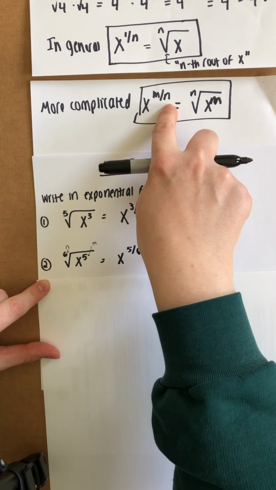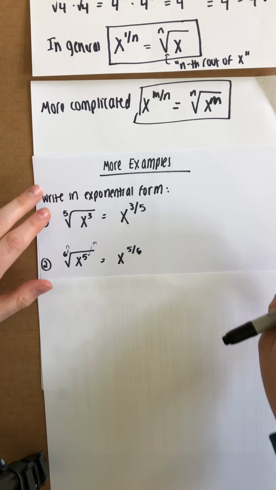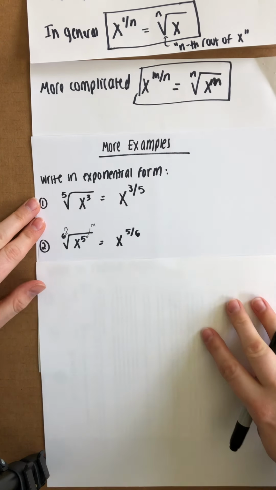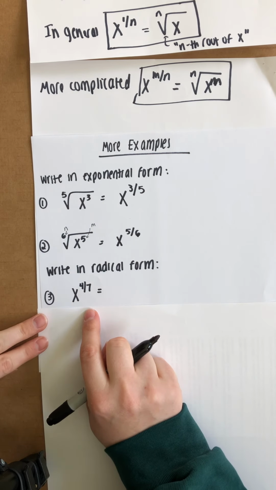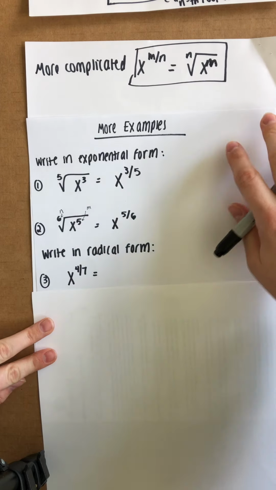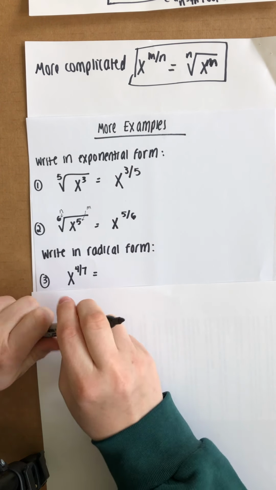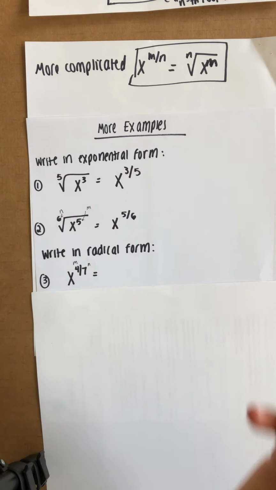Remember, m over n. You also might get problems that are written the other way, where it's written in the exponential form, but we want to go back and write it in radical form. So what we would need to do here is figure out, okay, well, that 4 is my m, that 7 is my n.